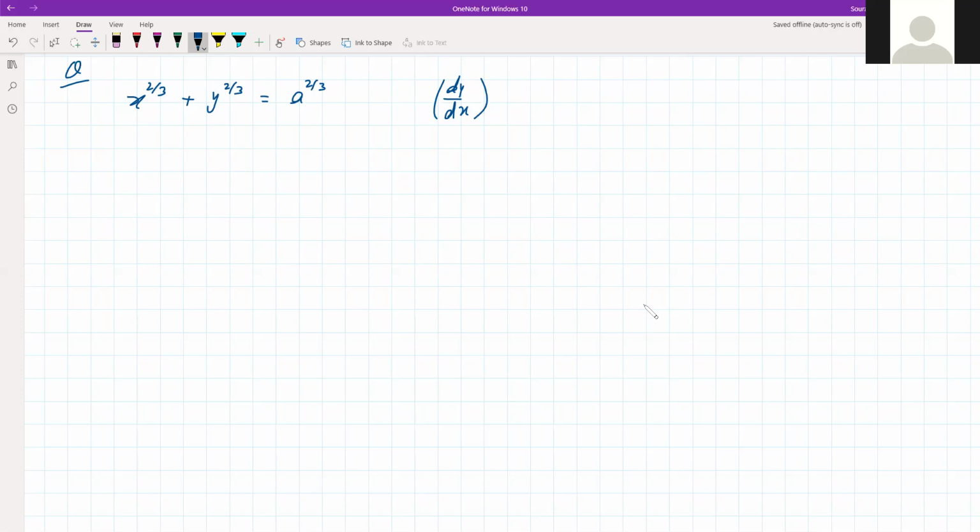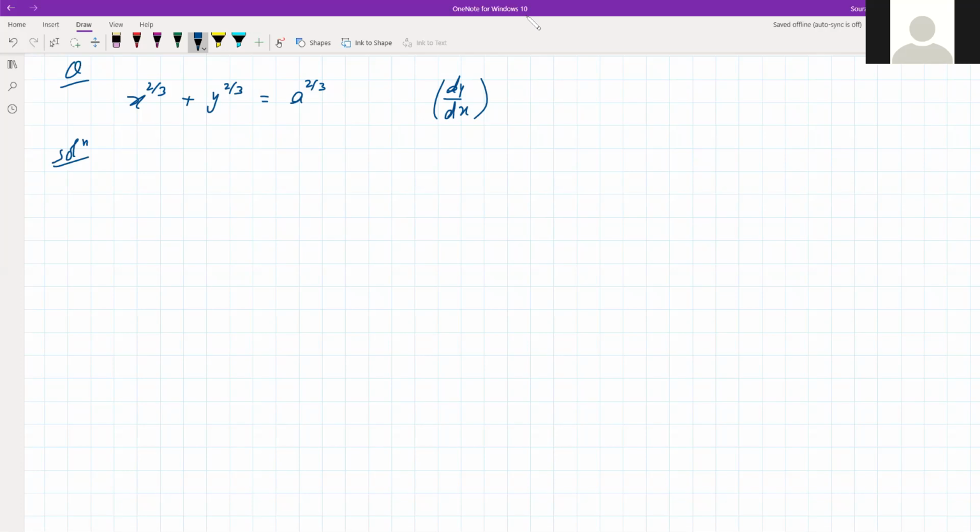So if you see this x and y, if there is no 1 by 3, 1 by 3, if there is only x square plus y square is equal to a square, it is similar to our trigonometric identity, that is sine square theta plus cos square theta is equal to 1. So we'll try to apply the same thing or same relation here. We'll try to see if it is possible to do that.